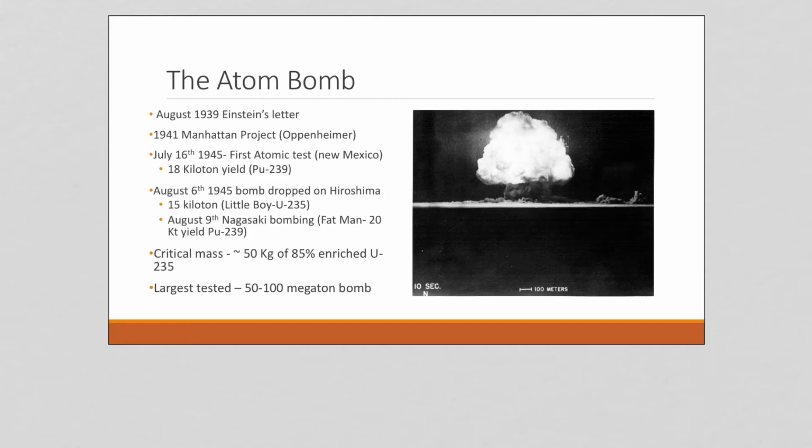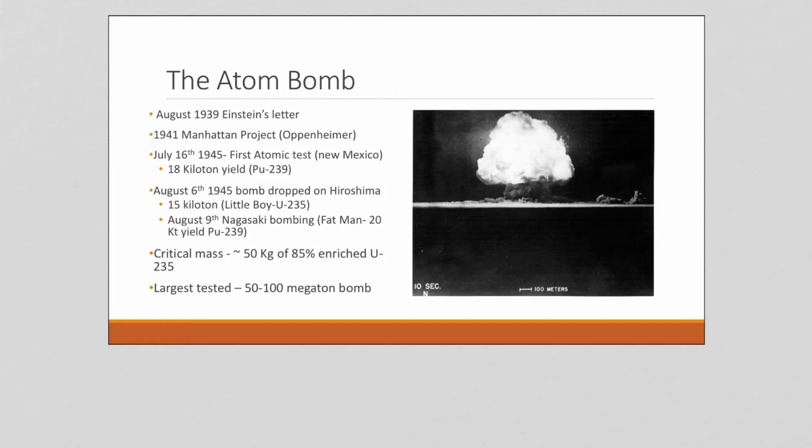So, we talked earlier about the critical mass. And the critical mass for at least uranium weapons is about 50 kilograms of 85% enriched uranium-235. So, you have to have very enriched, right?